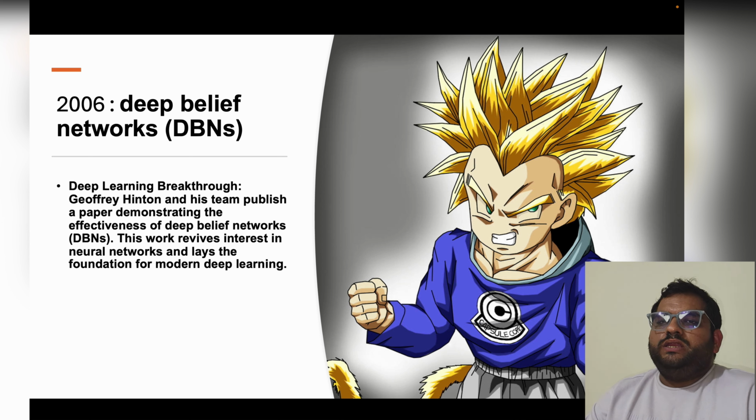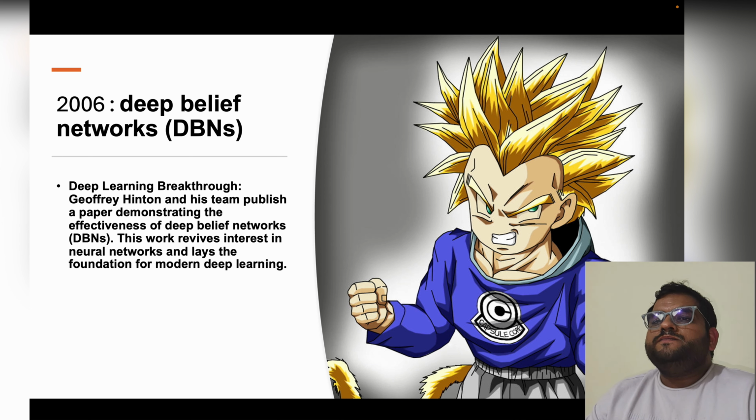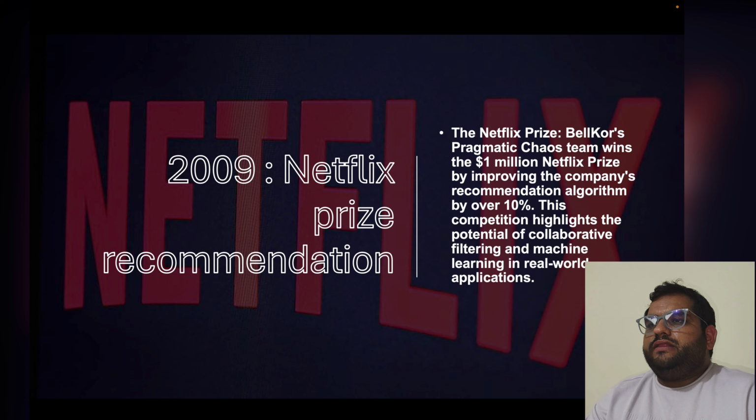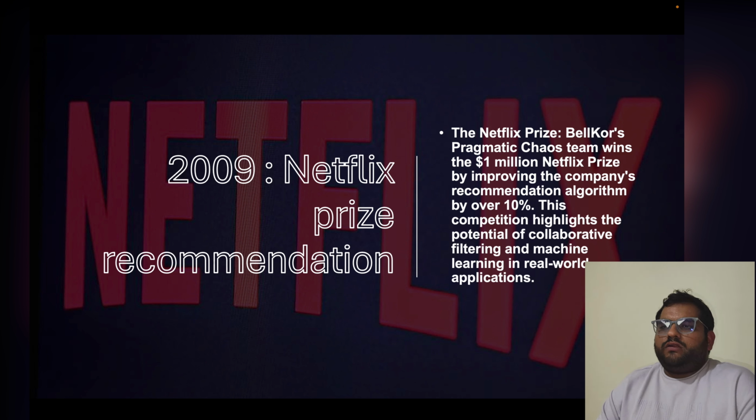The AI work being done in 1956 from Turing had a very big gap, but suddenly data science picked up from 2006, and then in 2008 there was the Google File System, GFS. In 2009, there was the 1 million dollar Netflix Prize, for a recommendation algorithm, where they improved the Netflix recommendation system by over 10%. This was done by BellKor's Pragmatic Chaos team, and they won 1 million in 2009.